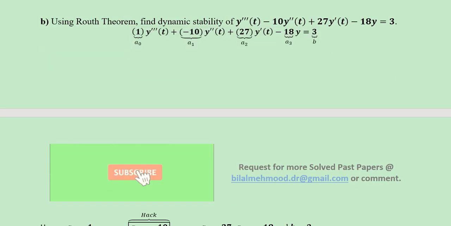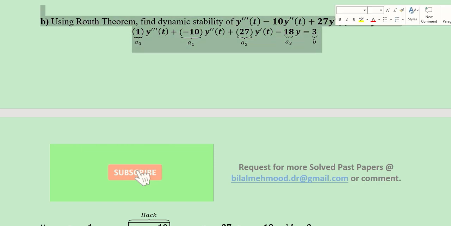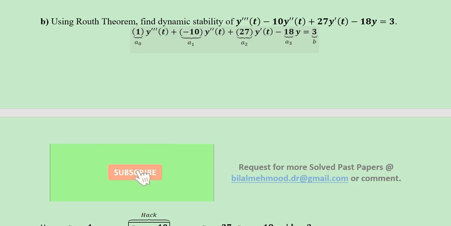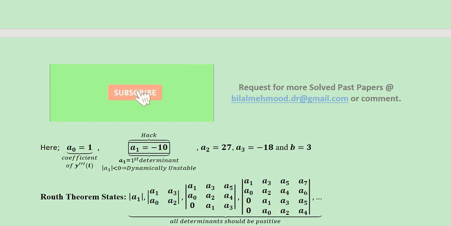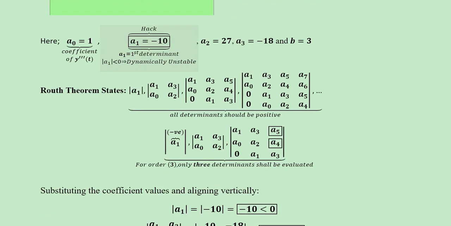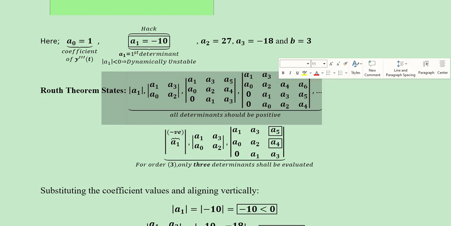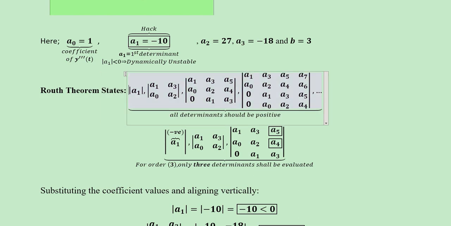The next part of this question is about the application of Routh's theorem, and we are given a third order differential equation. We can write this and extract the values of various coefficients like a naught, a1, a2, a3, and b. The first thing that we can see here, once we note all of these Routh theorem determinants, is the first one, which is a1.